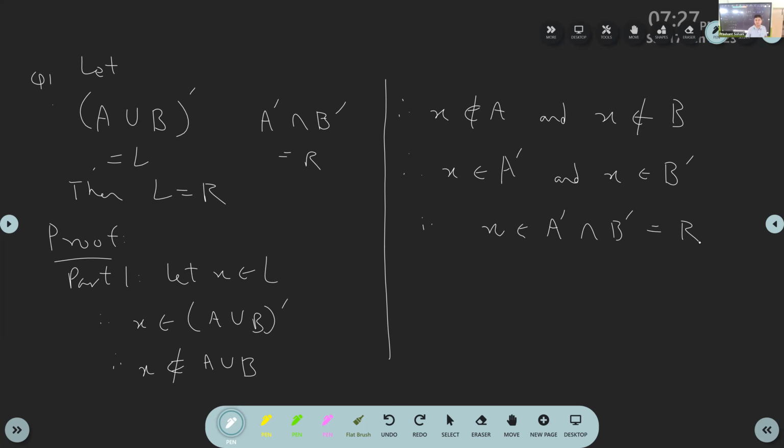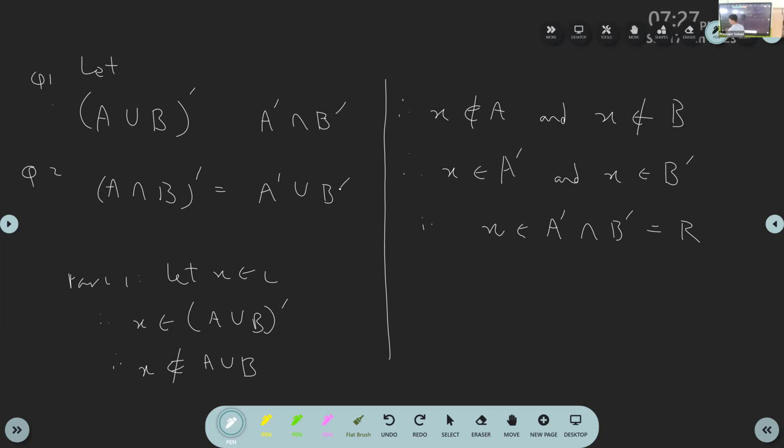Okay, so question one and question two, we should call them theorem one and theorem two now because they are proved. So these both theorems together have a name. You know what it is called?